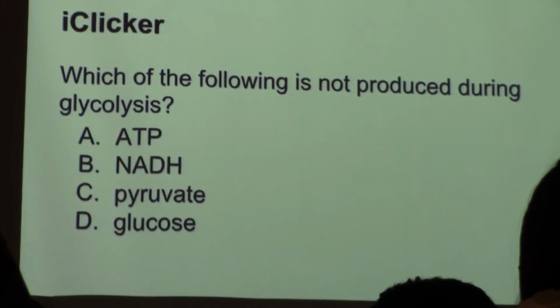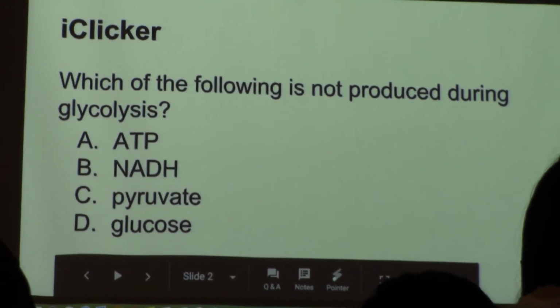Which of the following is not produced during glycolysis?